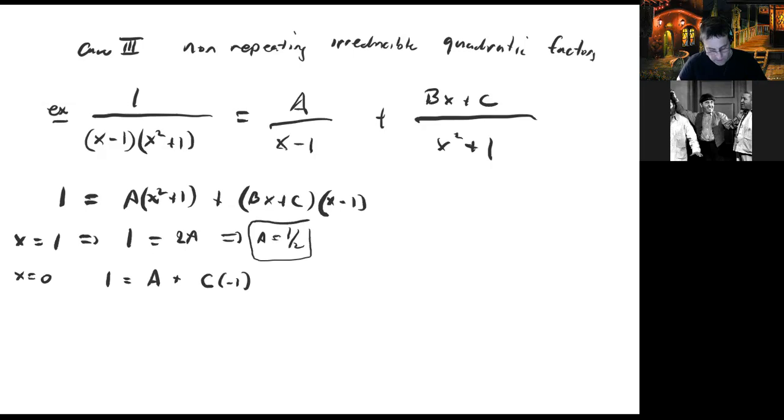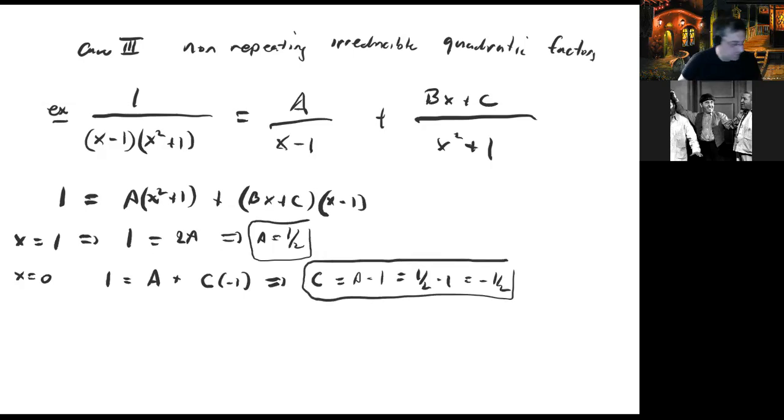So that tells me that if we solve, we see that c equals a minus 1. And then a is a half. So that's a half minus 1, which is minus a half. So c equals minus a half, according to this.